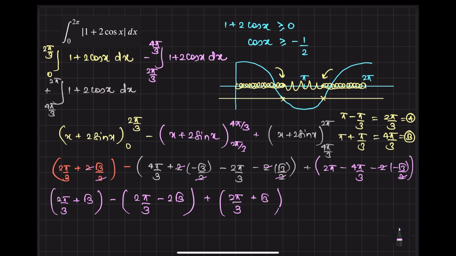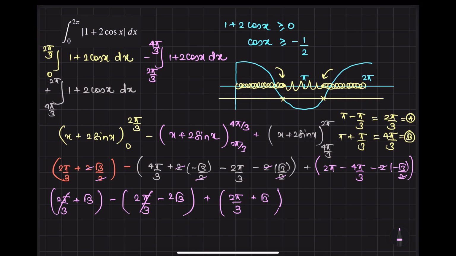I hope till this part you guys are okay. Wait, this thing was done. No, it's okay. Did we make any mistake? 4 pi by 3, it's okay. Yes. Now you know that this thing is gone.